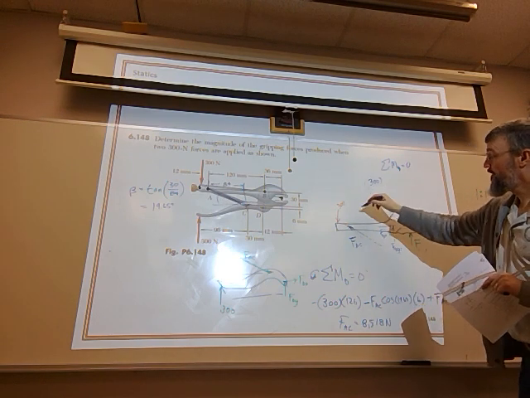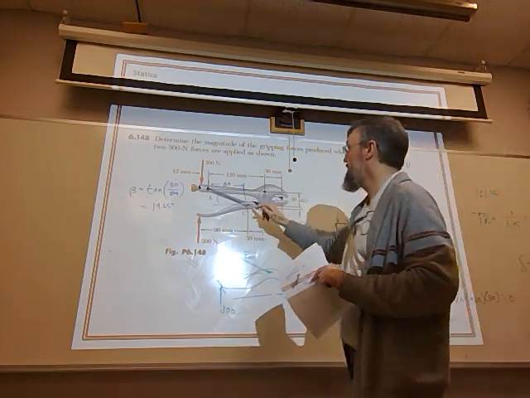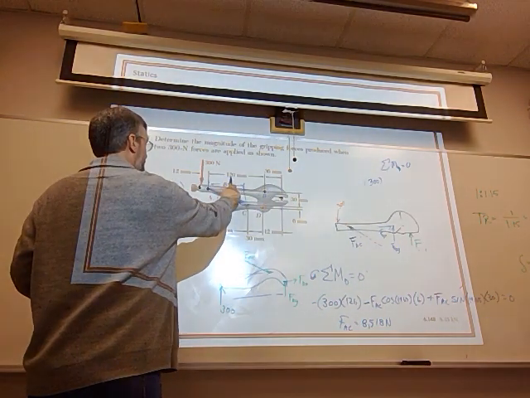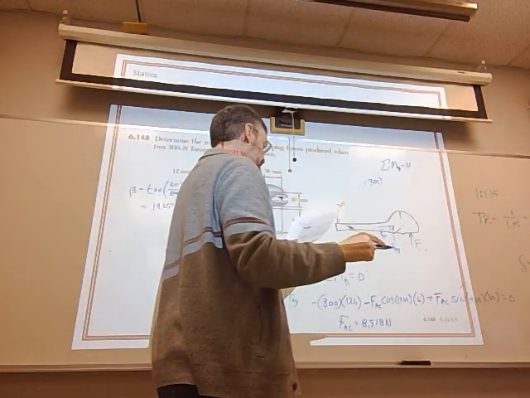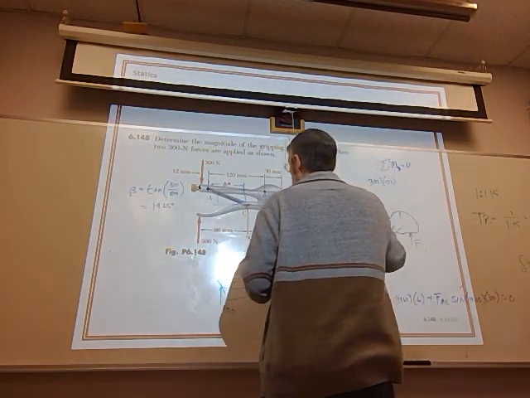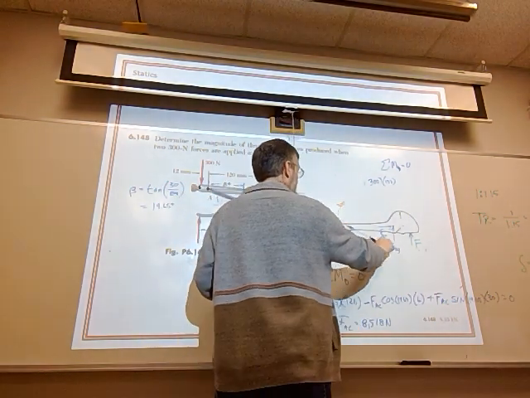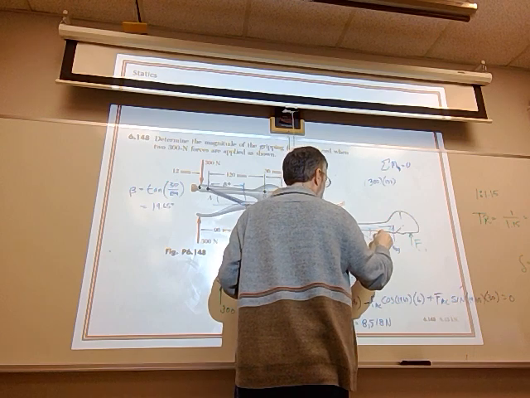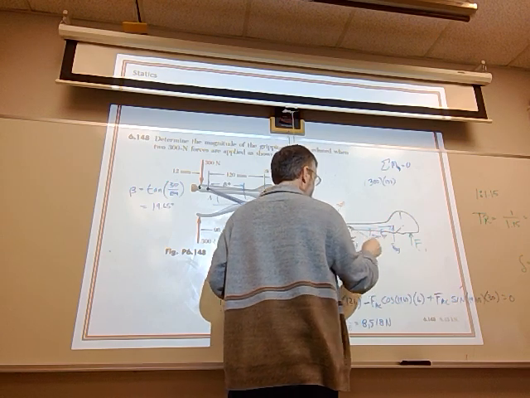So we can come back up to here and do a similar thing and say, so we have 300 going counterclockwise and we're going about B, so that's going to be 120 plus 12, so 132. And then we're going to have, once again, this angle right there is the 19.65 degrees.